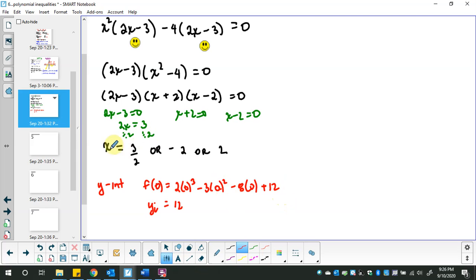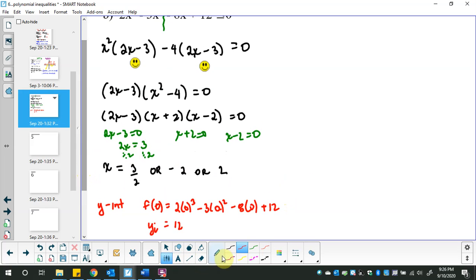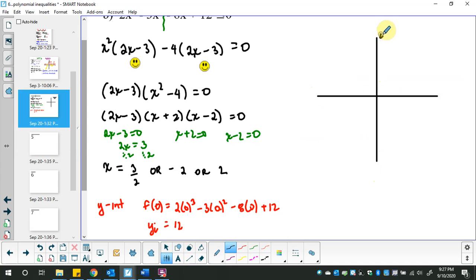All right, time to put this on a pretty picture. So remember, what I do need from you is that you label your x and y axes and do a much better job than I did. So on this picture, I'm going to put 3 over 2, and 3 over 2 is 1.5, so it goes here-ish.